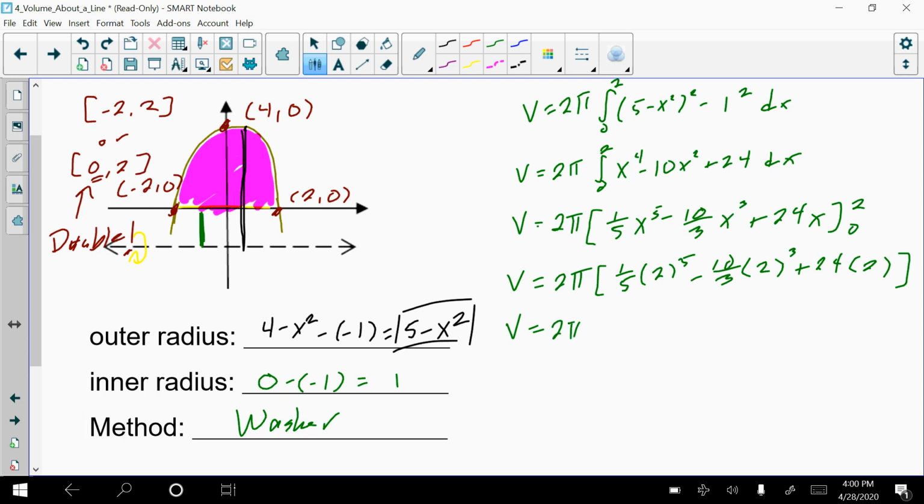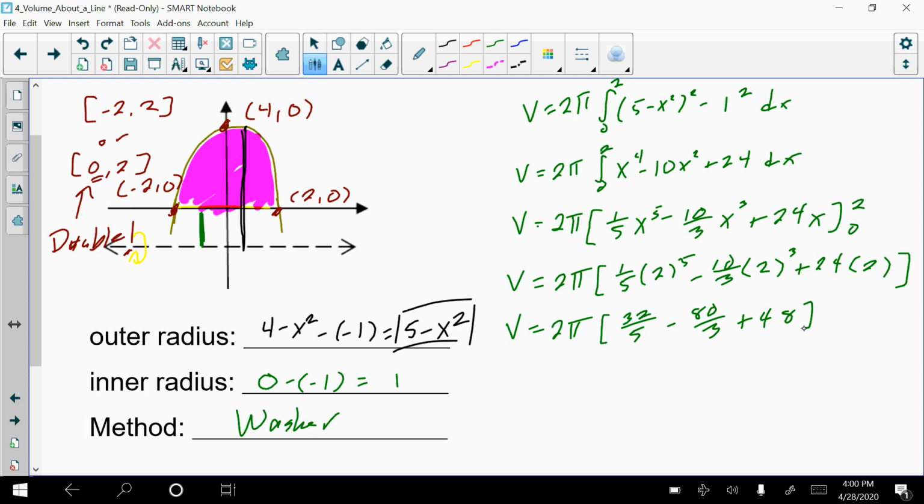So 2 pi times 1/5 of 32, so that'll be 32 fifths, minus 10 times 2 cubed over 3, so that'll be minus 80 over 3, and plus 48.